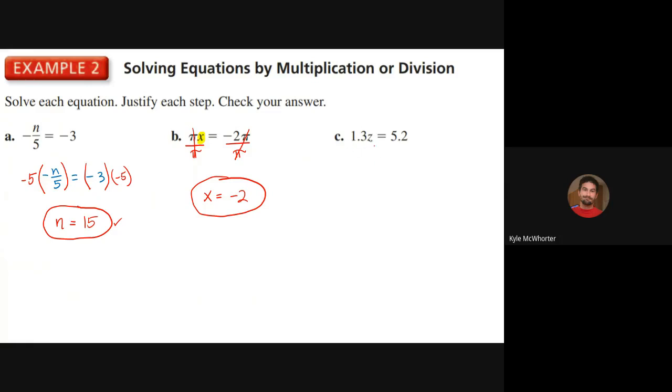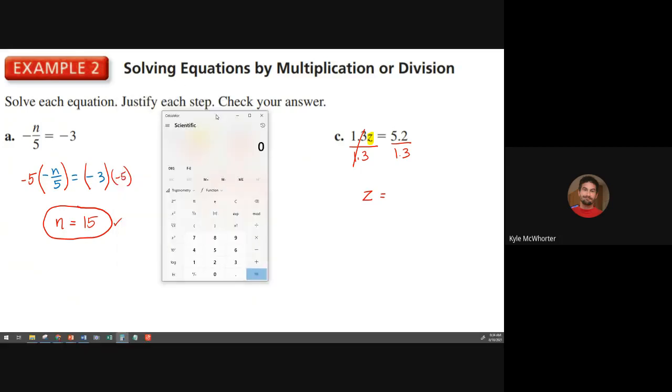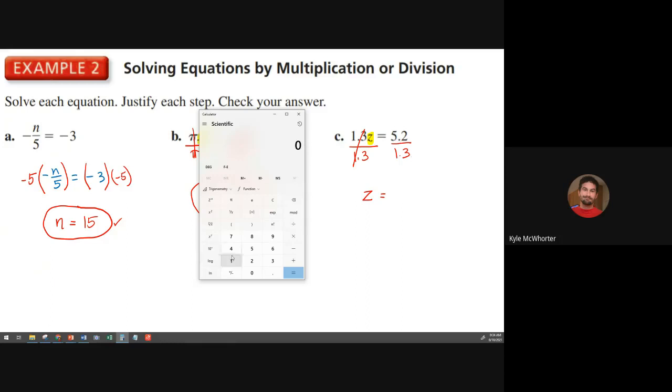And then for C, our variable is Z. What's happening to the variable? It's getting multiplied by 1.3. So we need to divide both sides by 1.3. 1.3 divided by 1.3 is 1. 1 times Z is Z. And then you can just do 5.2 divided by 1.3.